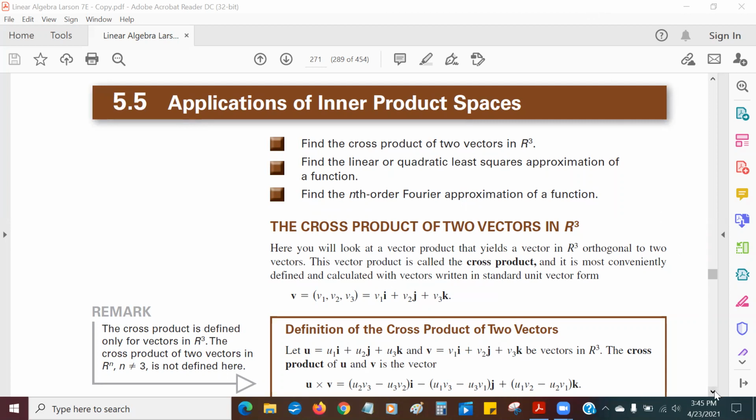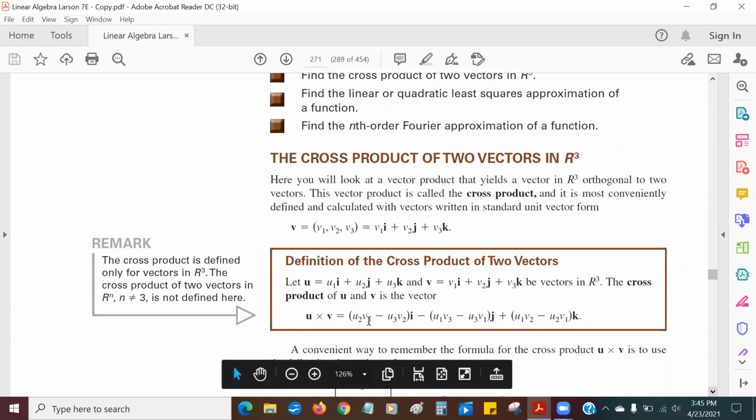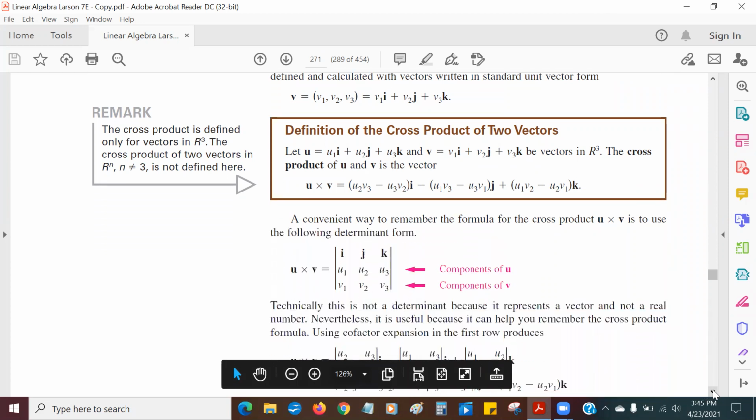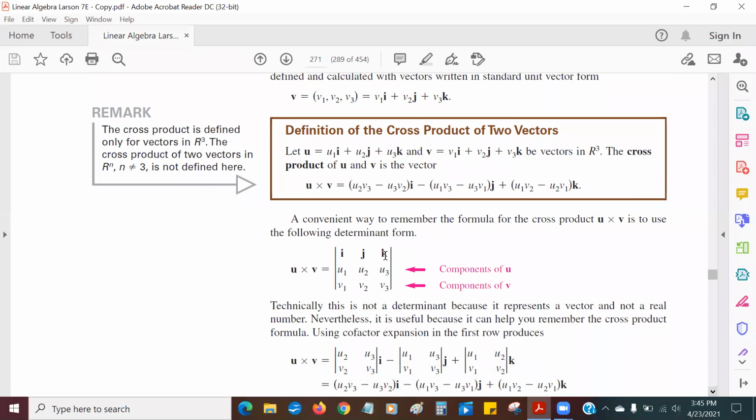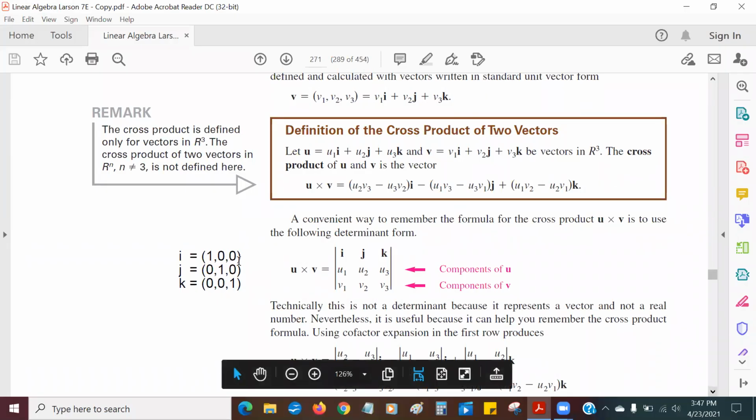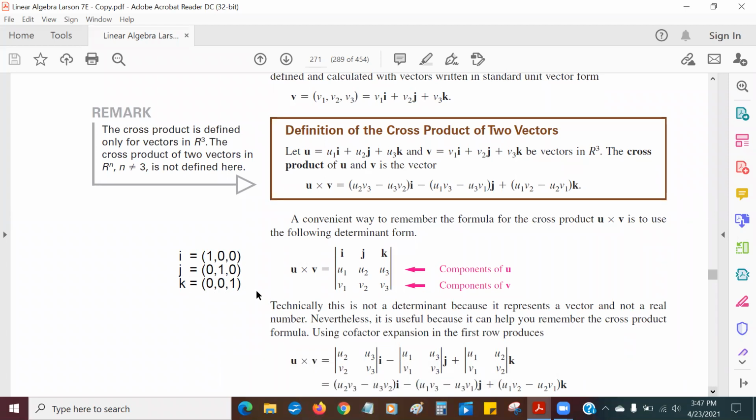Now, the definition of cross product here, which is very hard to read, has a much easier way to say it, and it's like this: U cross V is equal to, now on top you have I, J, and K. Now I is the vector 1, 0, 0, J is the vector 0, 1, 0, and K is the vector 0, 0, 1.